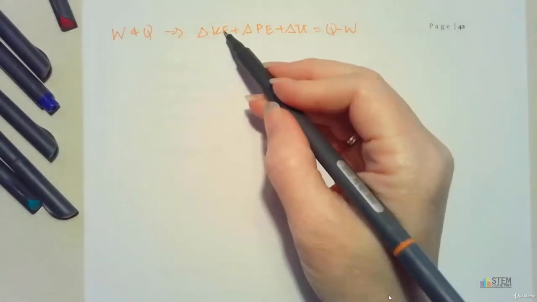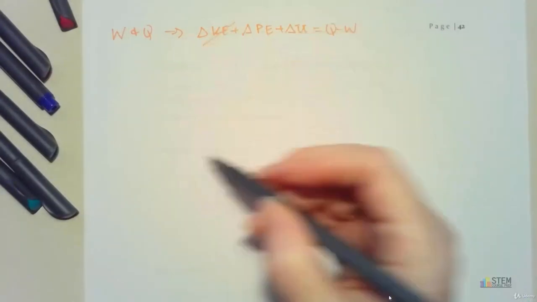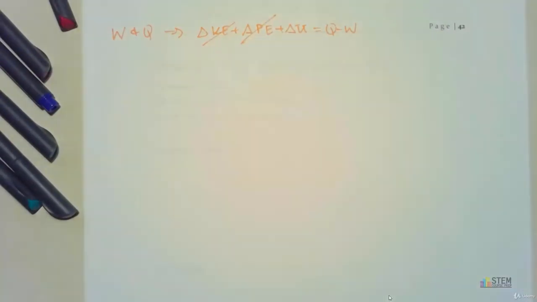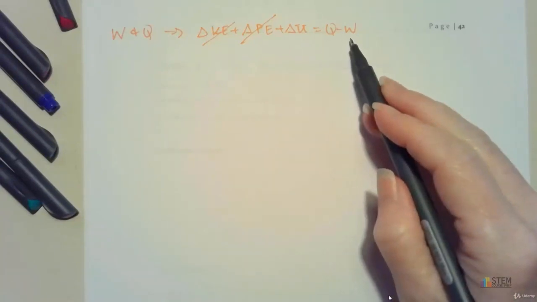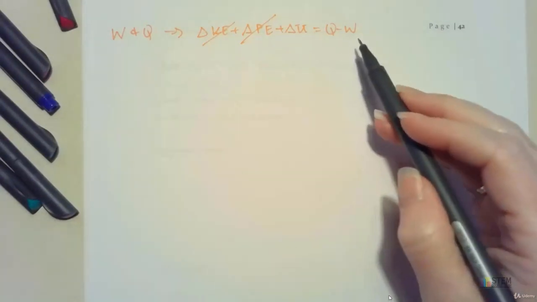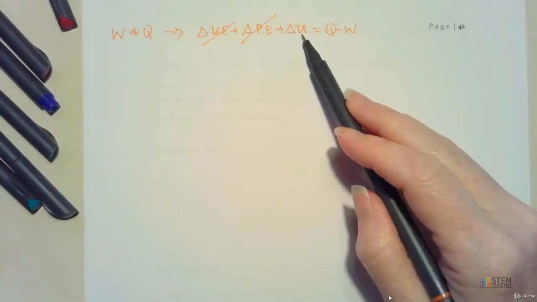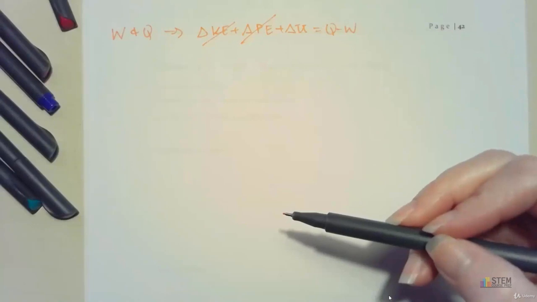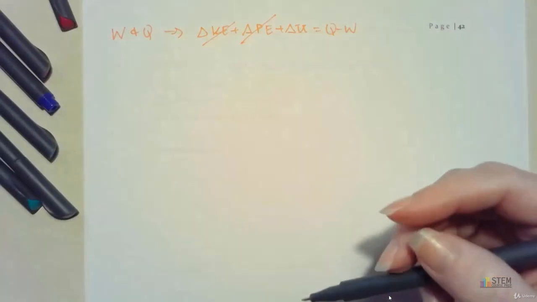We didn't hear anything about any velocity, so let's get rid of that. And we didn't hear anything about an elevation change, so let's get rid of potential energy. That's going to leave us with delta U equals Q minus W. Now, notice this is capital U. All of the information we usually get is usually the little u, the specific internal energy.